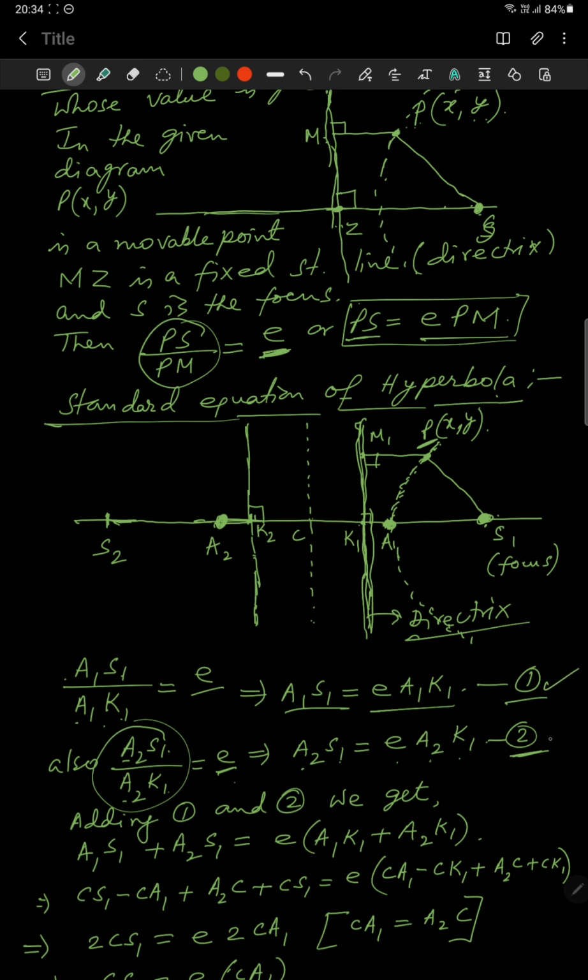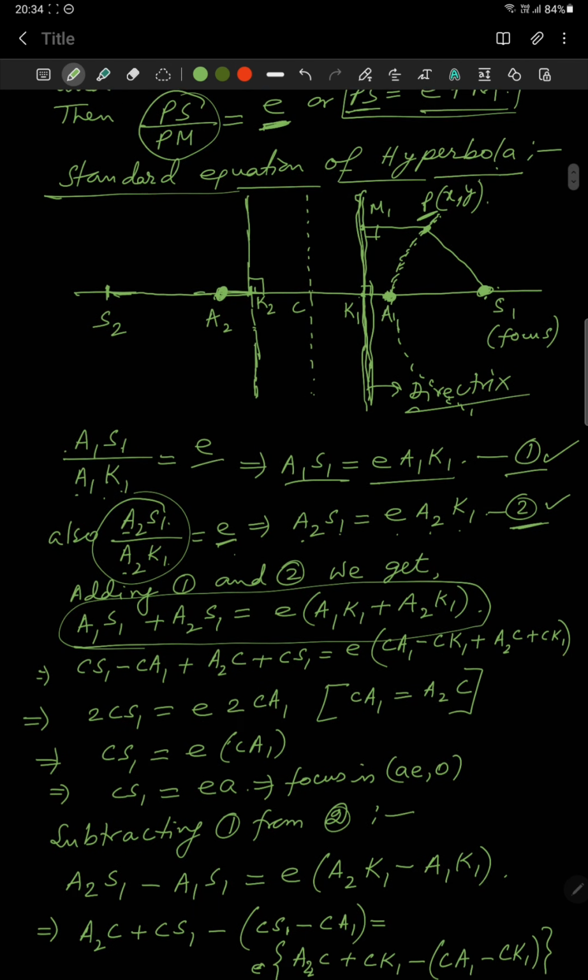If we add equation number 1 and 2, then we get this relation. Simple calculation.